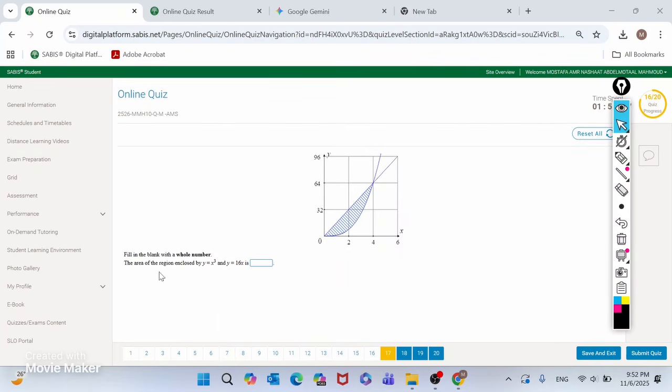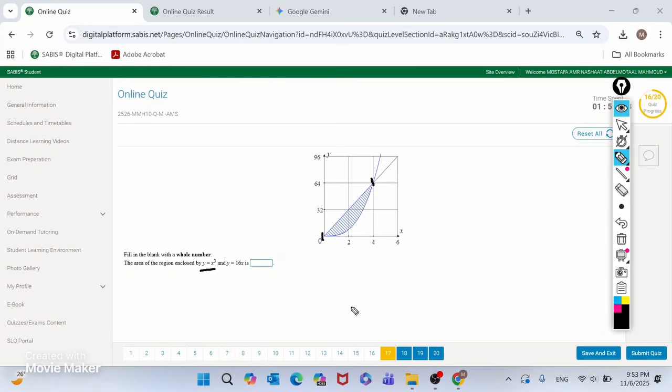Okay, guys. The area of the region enclosed by y equals x cubed and y equals 16x. Guys, if you look at the curve, they gave you where they intersect, so these are the boundaries. So you want to do the area under the line minus the area under the cubic function.